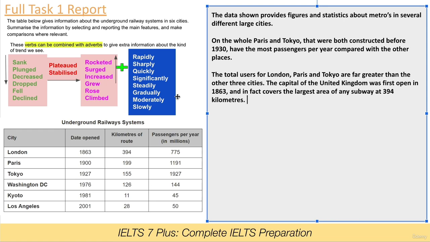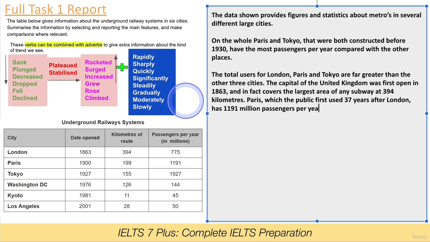So let's maybe talk about Paris, which the public first used, or we could say the difference, maybe 37 years after London, just a different way of demonstrating the data. It has 191 million passengers per year.